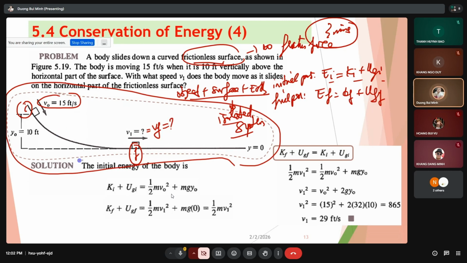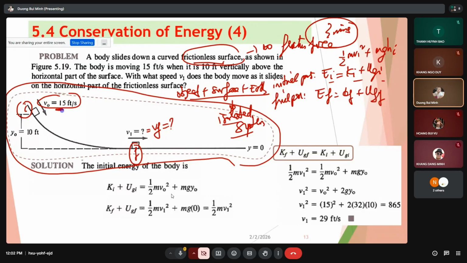So at the beginning, KI is half m vi squared, and UGI is m g hi.